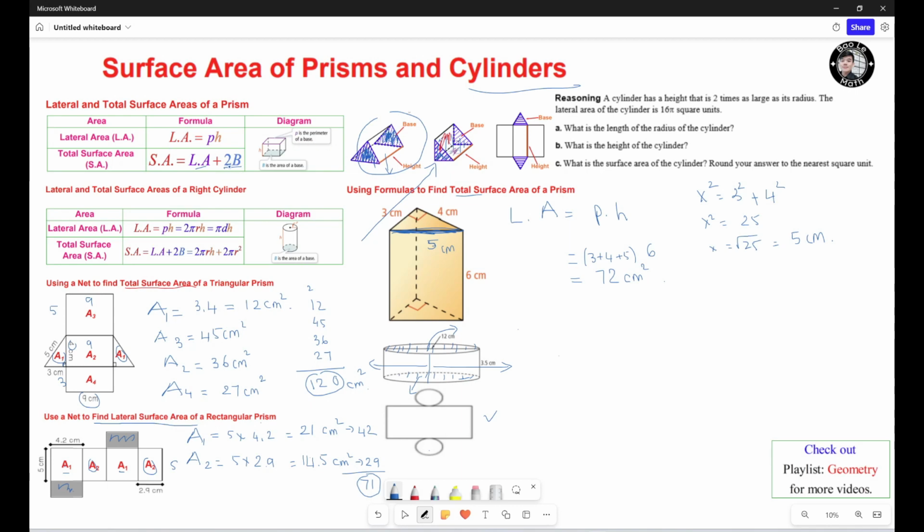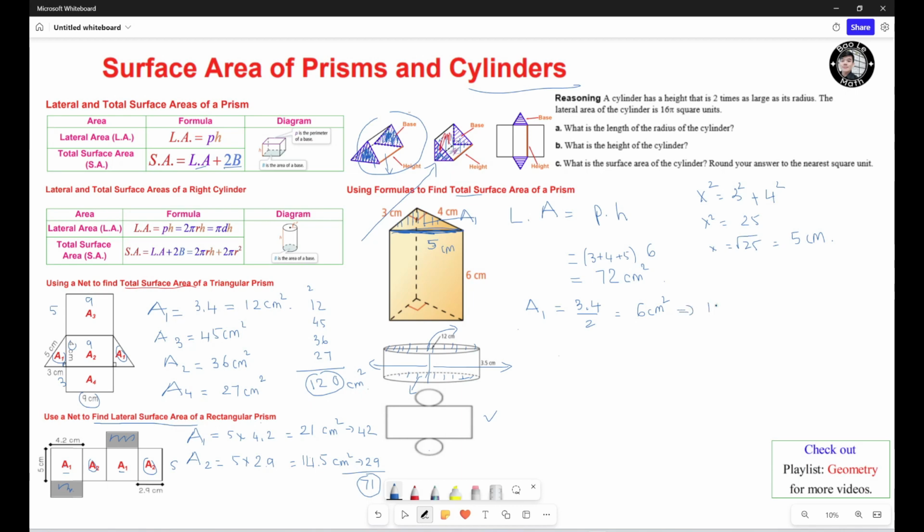Alright, now we need to calculate the total surface area, right? So we need the area of two bases. Because the base right here is a right triangle, the area of one base, I call this A1. So A1 equals 3 times 4 divided by 2. So it's going to be 6 square centimeter. But because I have two bases, I need to multiply by 2, right?